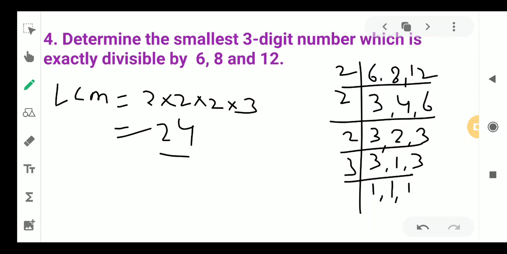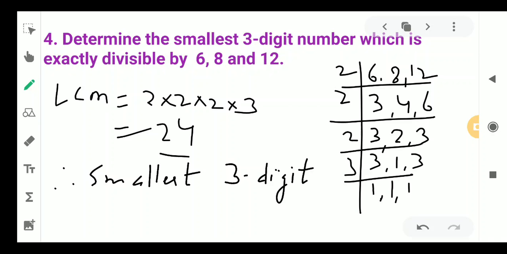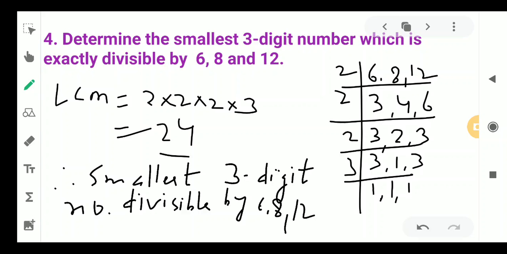So here we will write, therefore, the smallest 3-digit number divisible by 6, 8 and 12 will be 120.